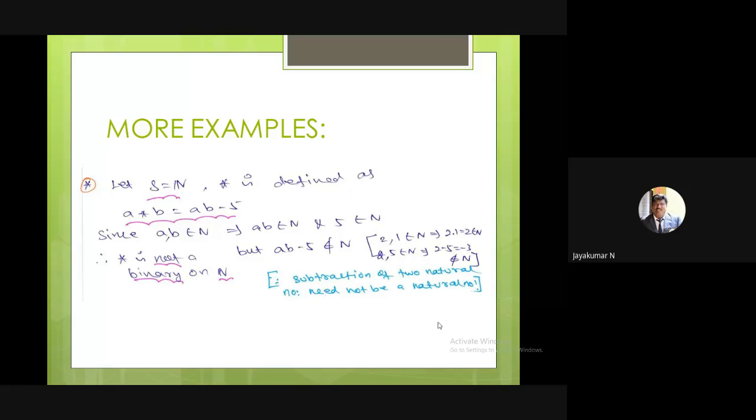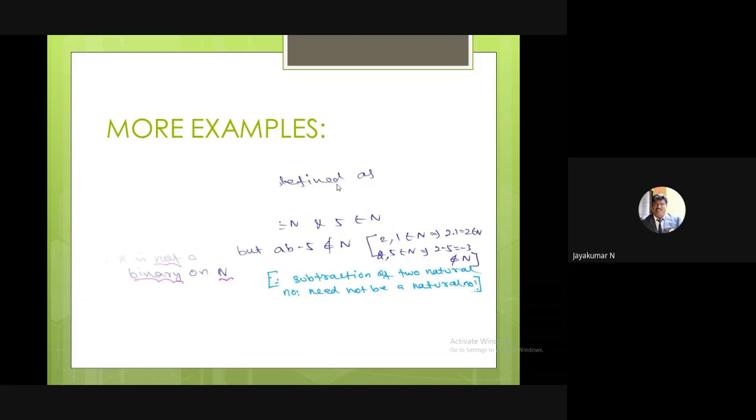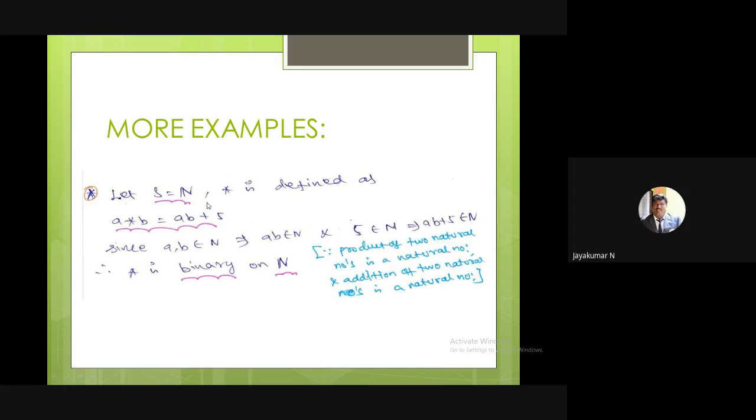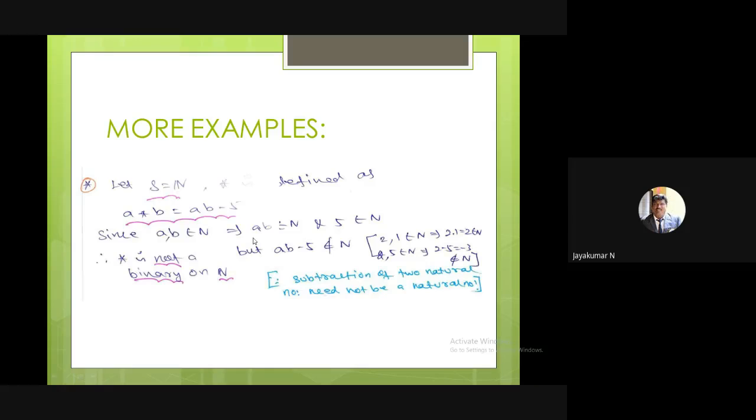The next example. When you change the set, as I already told you, sometimes a binary operation becomes not binary, and sometimes a not binary operation becomes binary. Earlier I chose my set as N, and here it is N with a small change.